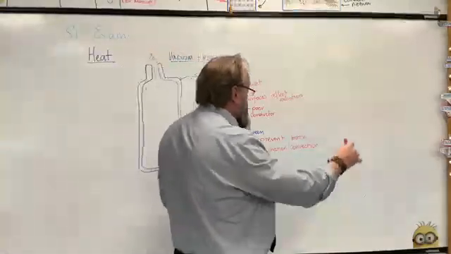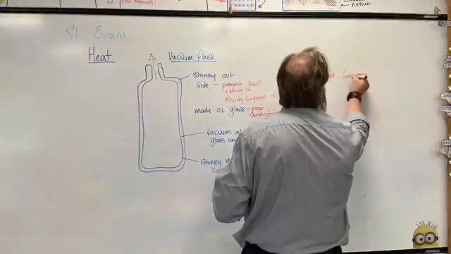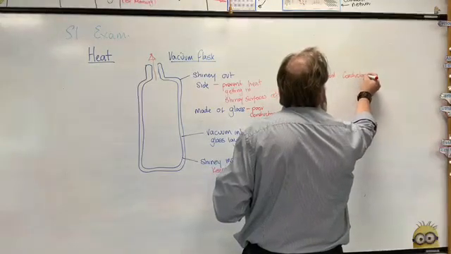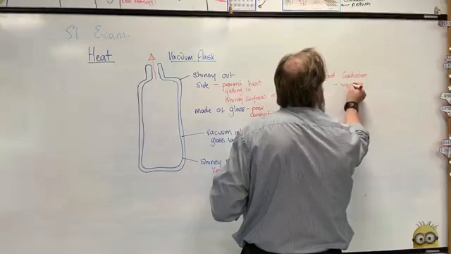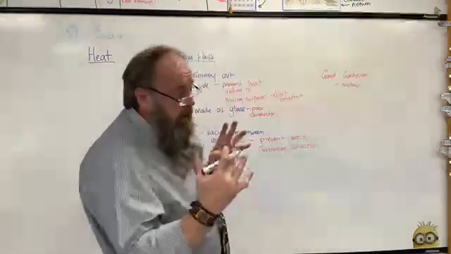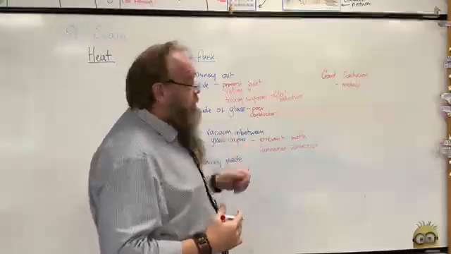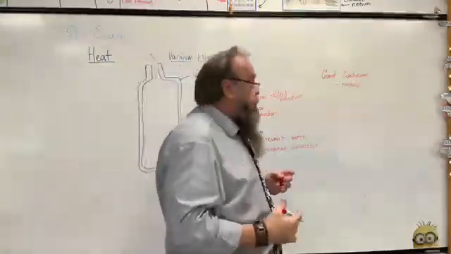Just to finish off, good conductors, things like metals. Okay? Metals have a very nice tight structure. They can pass the heat on very well by conduction, so they're good conductors.